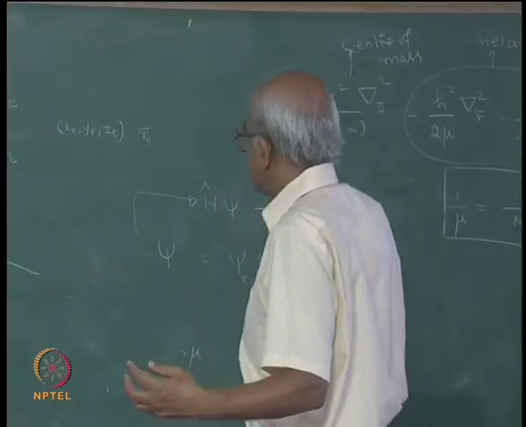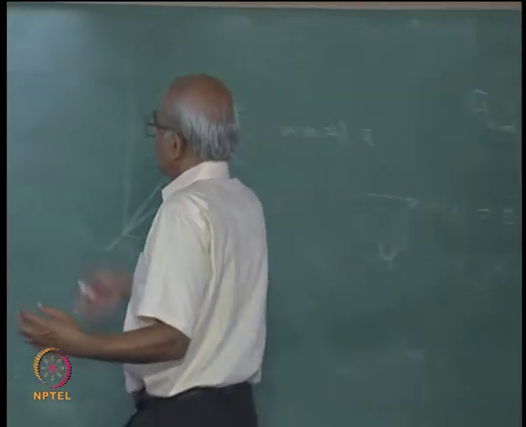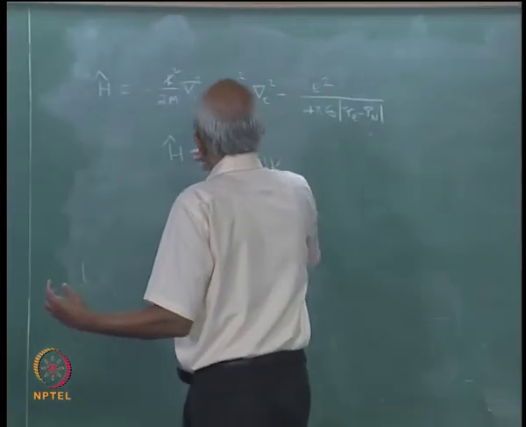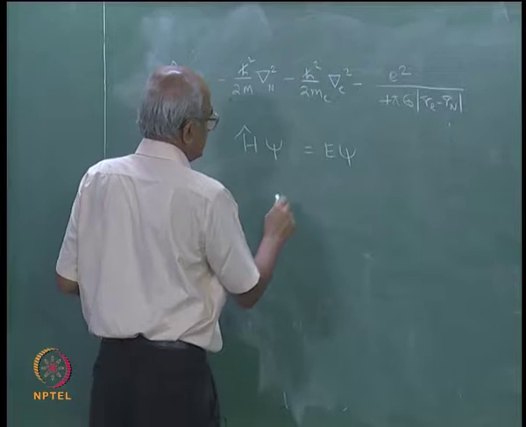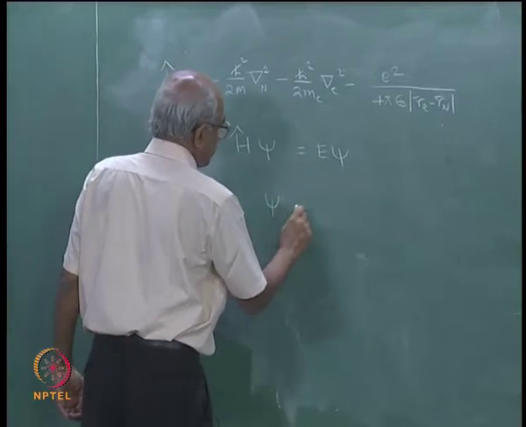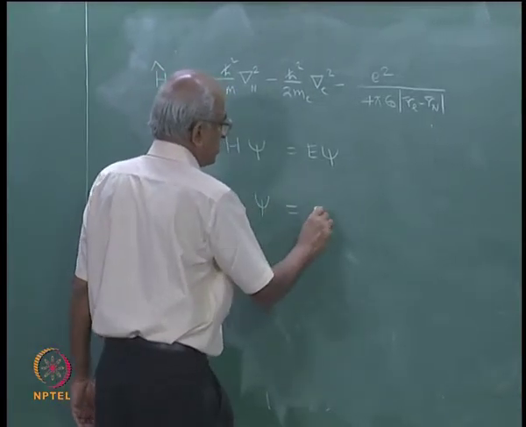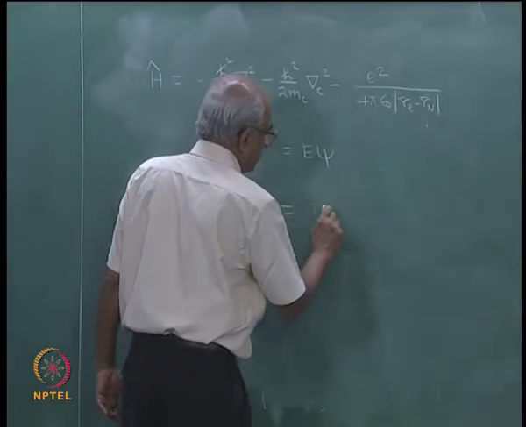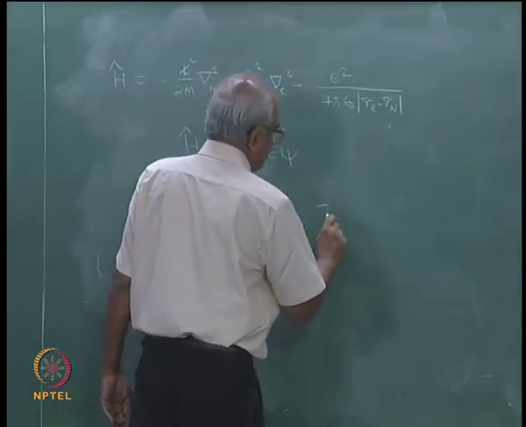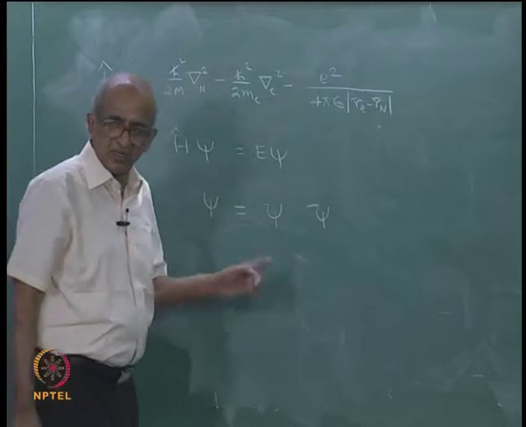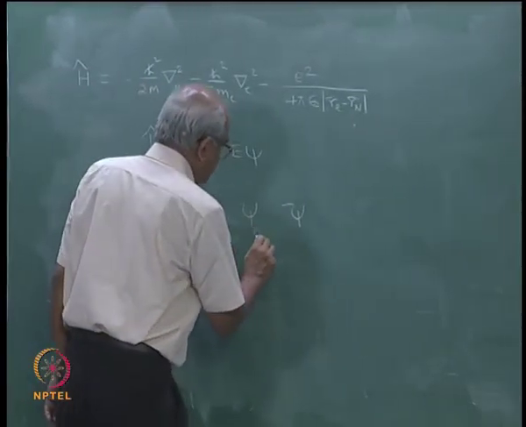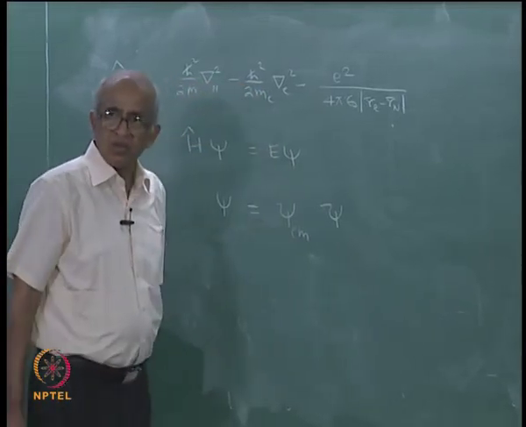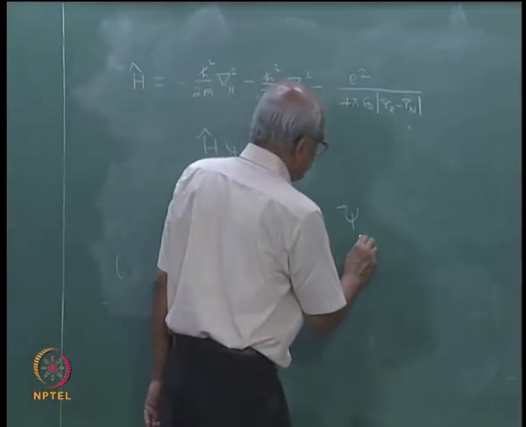If you wanted to solve this equation, the Hamiltonian has to operate upon psi and give you E psi, but what you will do is say that psi may be written as a product of two functions. I will denote both of them by psi, but one is for center of mass motion and the other one is for relative motion.